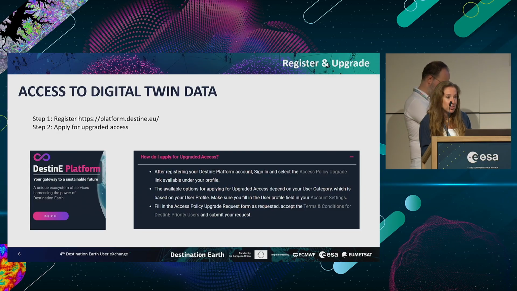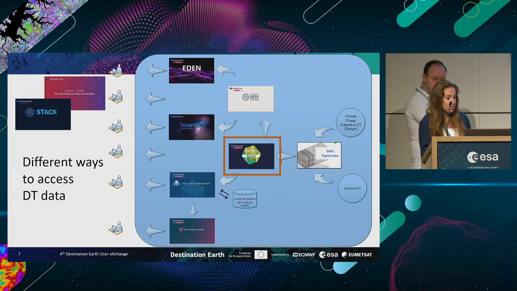You have to register, and then request the access with a professional email address. A personal email address is not allowed. Just so you know, sometimes people are rejected just because they are using Gmail, not because they are not allowed to access the data. But we try to be in contact with these people through the support of the platform so they can modify the address. And that's it, this is a summary of how we can access the data.